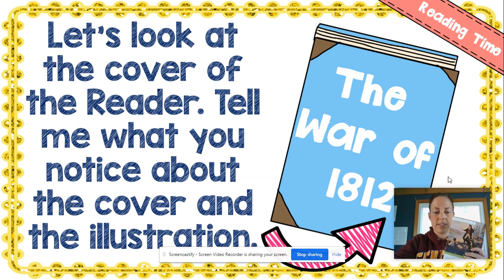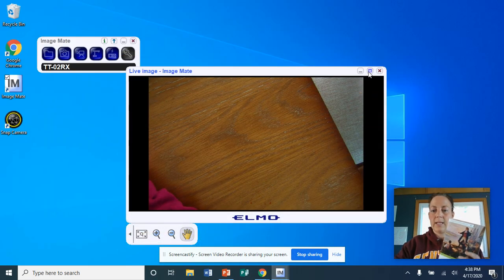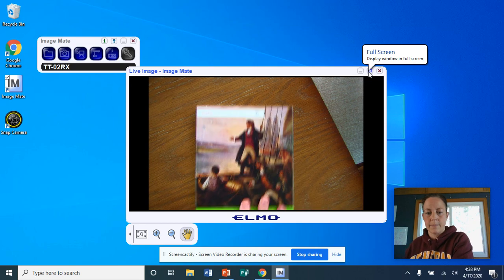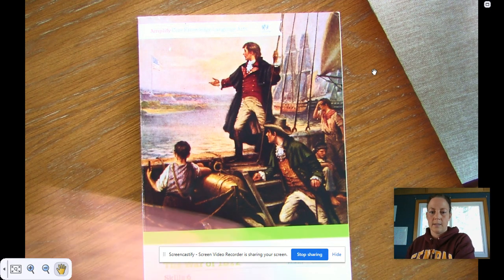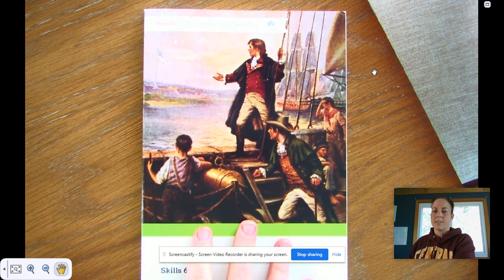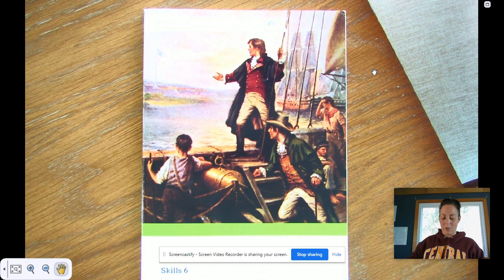I know it's kind of hard for you to see here, so I'm going to bring my Elmo back up, and hopefully that'll be a little bit easier for you all to see. Yeah, that's much better. This picture might even look familiar to you, but you can tell, based on the way that the men are dressed on the cover, that this took place a long time ago, right?